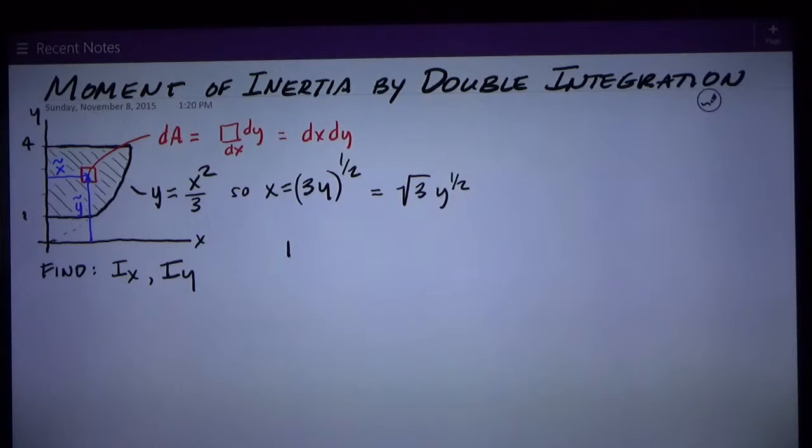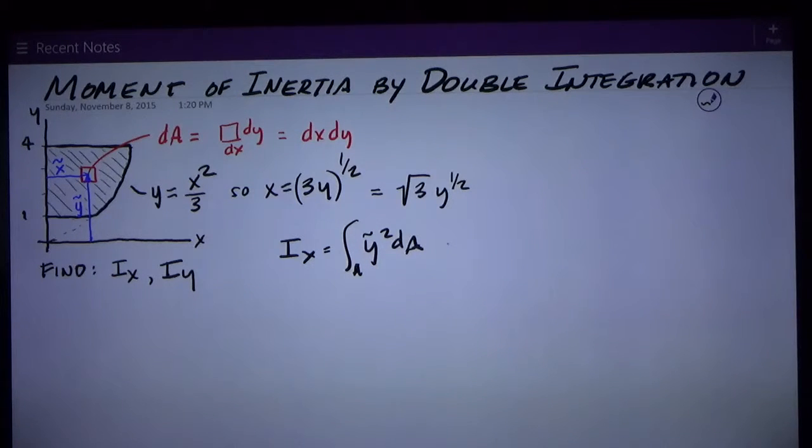Ix is equal to, by the second moment of area function, the integral over the area of y squared dA. We've been calling that y tilde. Because we're going to do a y-axis boundary shape, we want to consider the inside integral part first with respect to x, and then the y-axis on the outside.